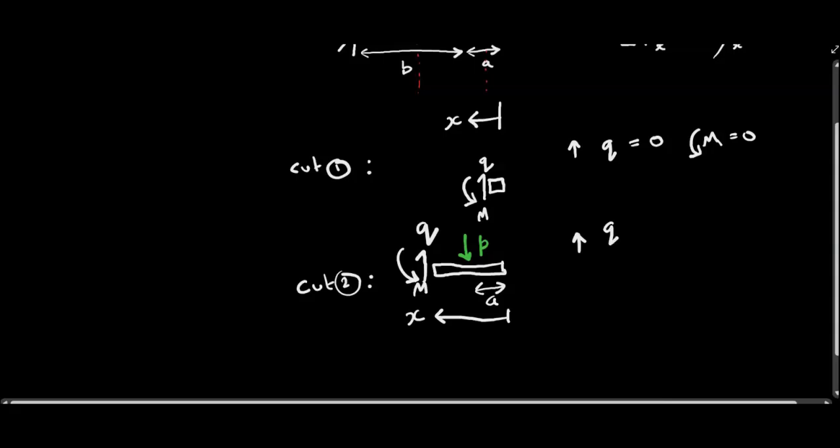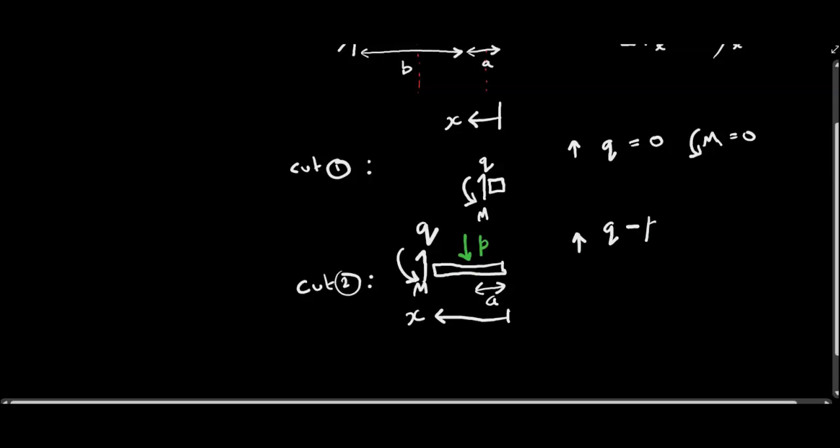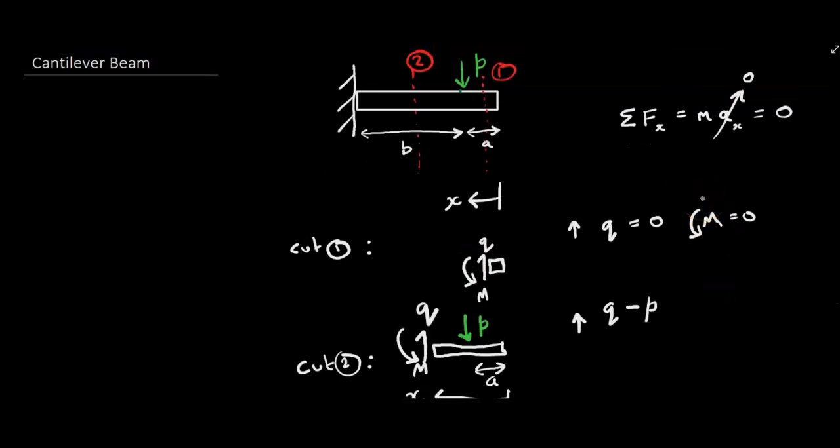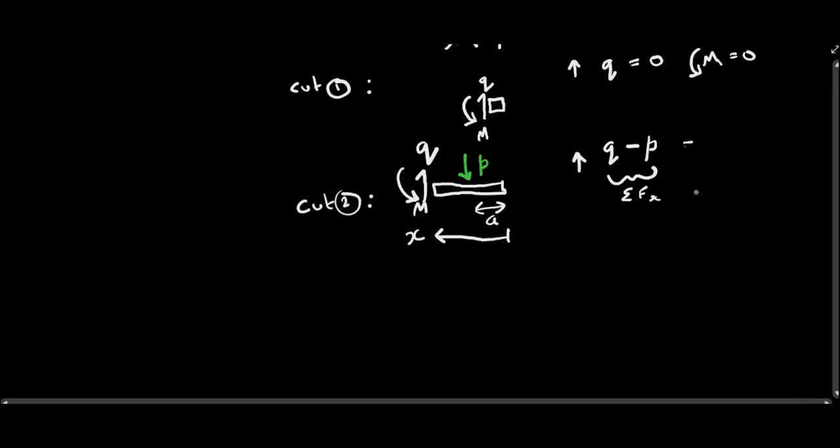We've got force Q being vertically up as being positive, and then as we move going towards the right of the beam, going left to right, we find the green force P, but it's acting down, so it's going to be minus P. And don't forget that Newton's law said that if we sum up all the forces in a particular direction, they have to equal 0. Well, we've done that. This is summing up the forces here, and then they have to be equal to 0. Okay.